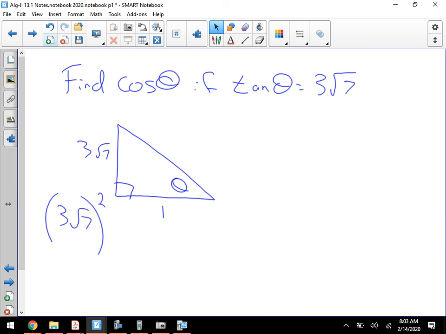If you did that in a calculator, what would you have to remember to put around everything? Parentheses. But if you think about it in terms of the math, it's 3 squared and the square root of 7 squared. Square root of 7 squared is 7. 3 squared is 9. 9 times 7 is 63. Sorry, I was getting ahead of myself. So 63 plus 1 squared is 64, and the square root of 64 is 8.